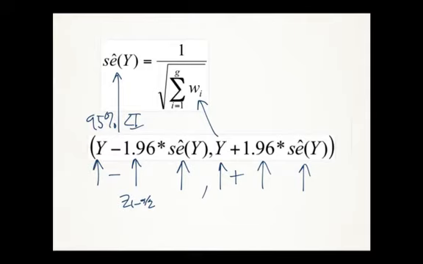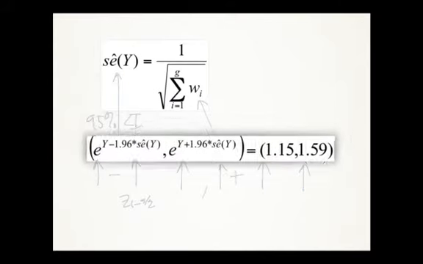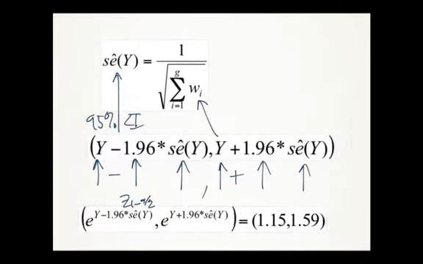In this particular example, remember we need to exponentiate because our estimate is for the log odds. So if we exponentiate both sides, we can then get a confidence interval for the odds instead of the log odds.